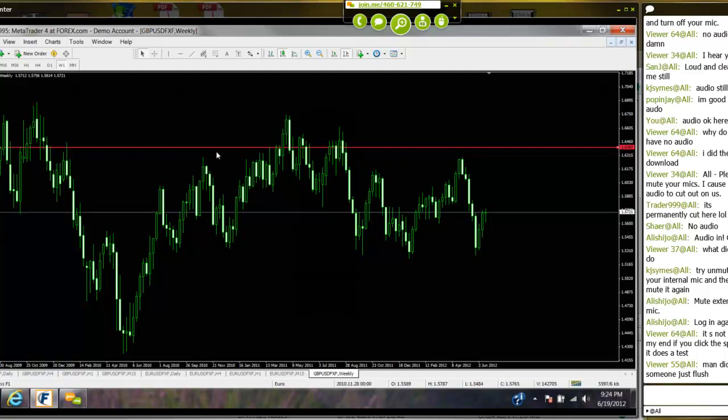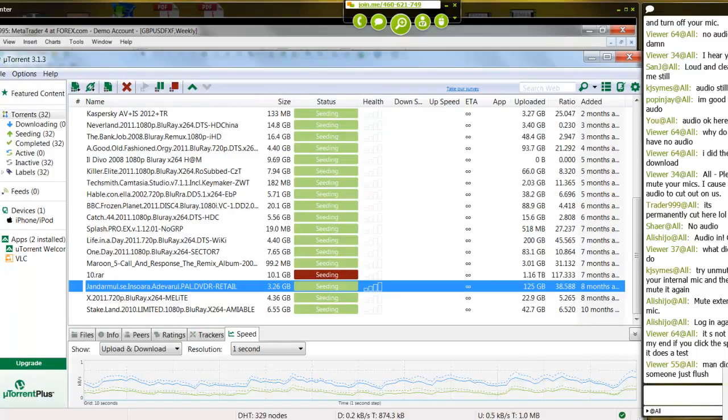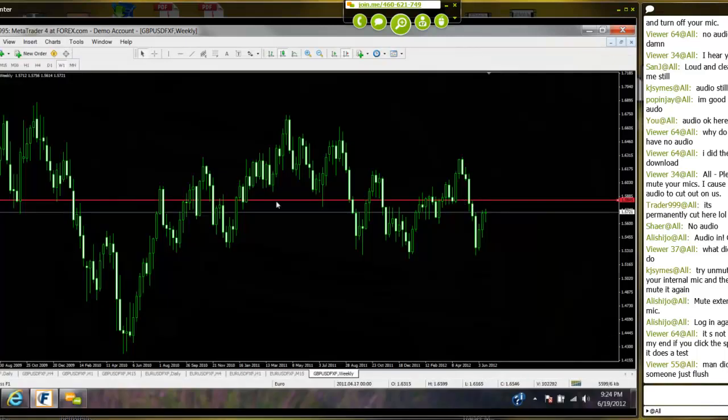Now for the most recent price action, I want your eyeballs over here, so just focus over here. As I drop the horizontal line down, hopefully you can see that level right there.